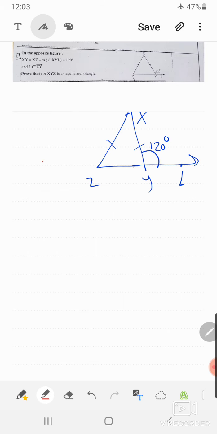First of all, I will write: since XY equals XZ, the side equals side, so the base angles are equal.